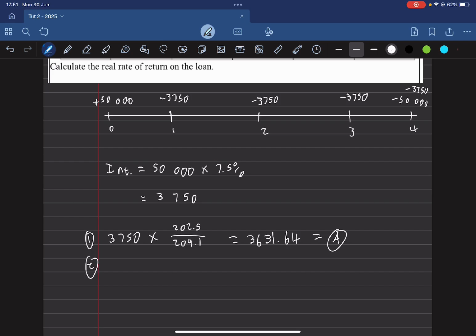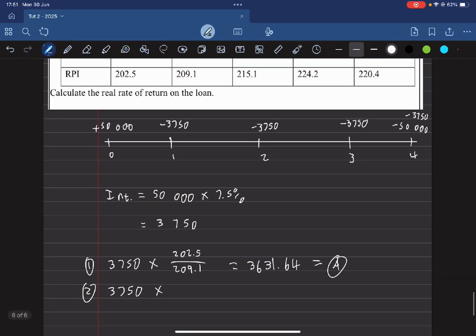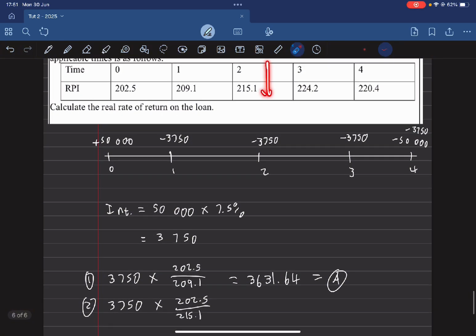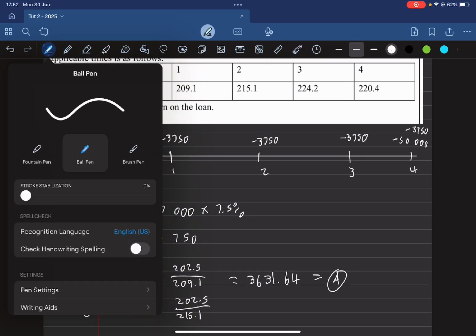Cool. And now let's do the second one. Again, we need to find the real value of this. So it's going to be 3750 multiplied by the RPI at the beginning, 202.5, divided by 215.1, because the RPI at time 2 is that. Okay.